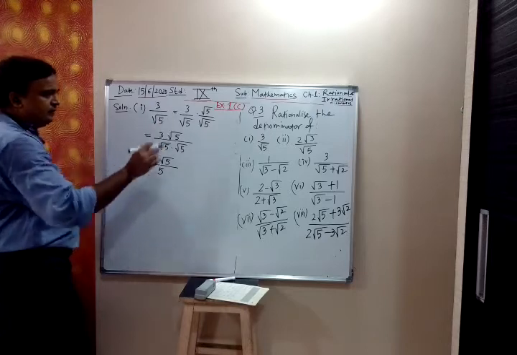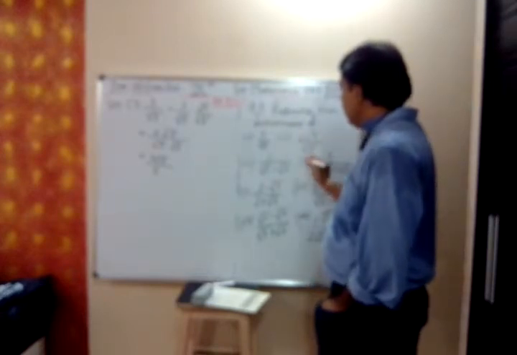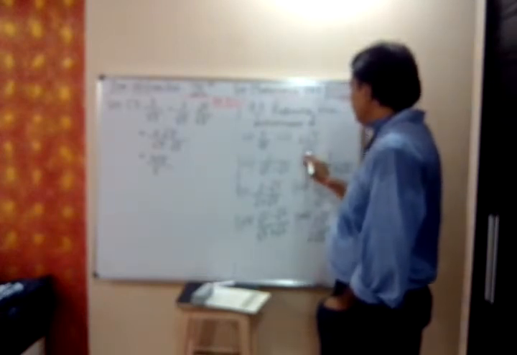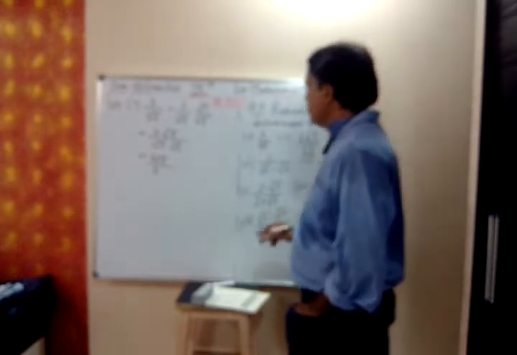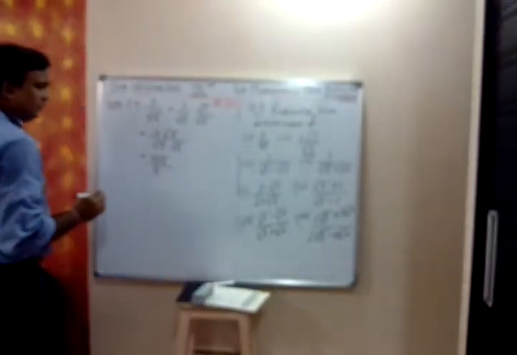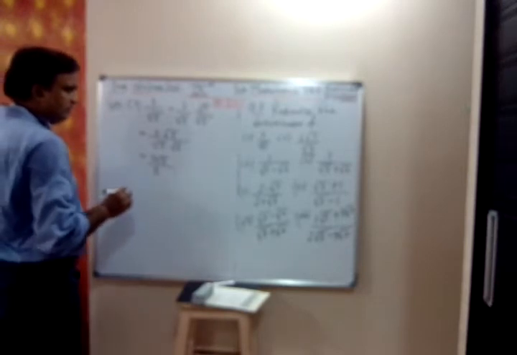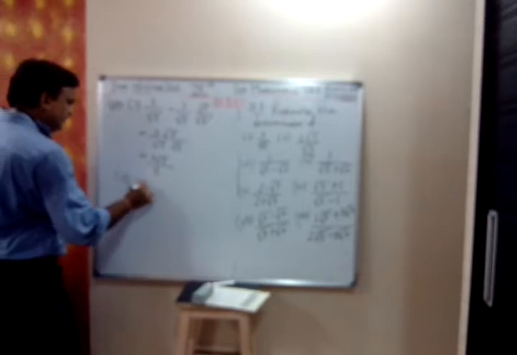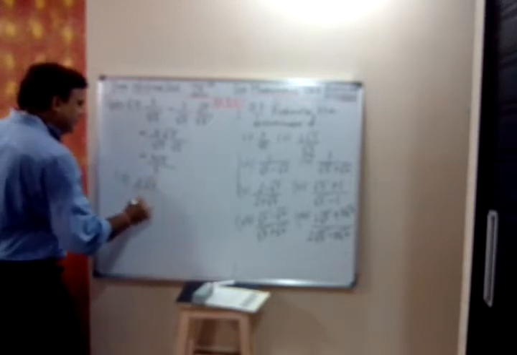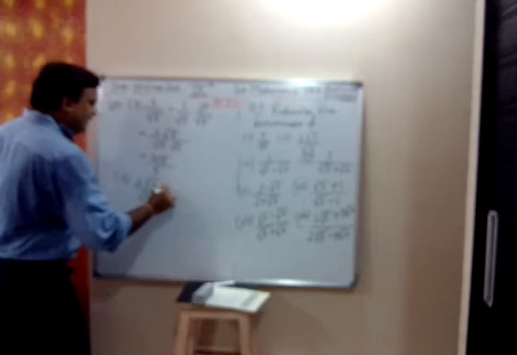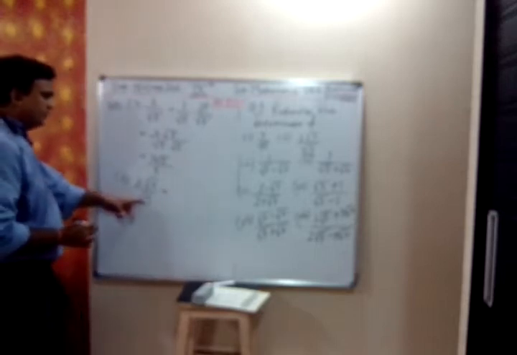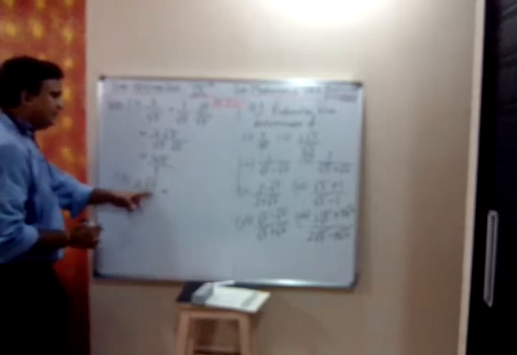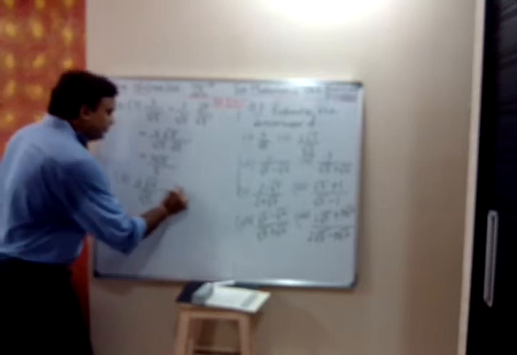Now the second will be the same. Multiply and divide by root 5, not root 3 into root 5. You have to rationalize the denominator only. So for 2 root 3 upon root 5, there is one term, root 5, so multiply and divide by root 5.